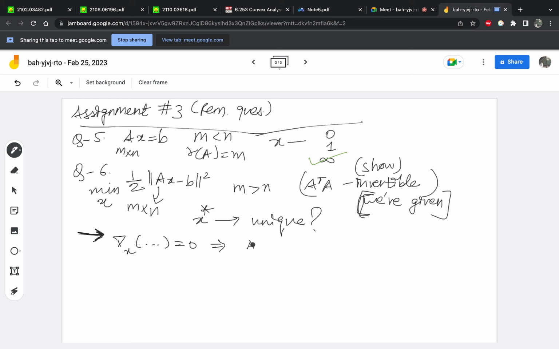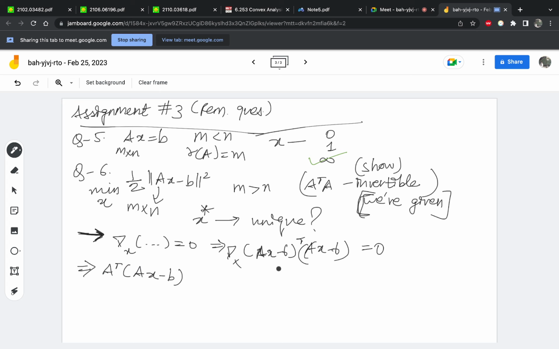So you have x transpose, so what are you given? Ax minus b transpose, Ax minus b. How would you take the gradient of this? Just if you're not familiar, check this out. You can take partial derivatives and verify this.